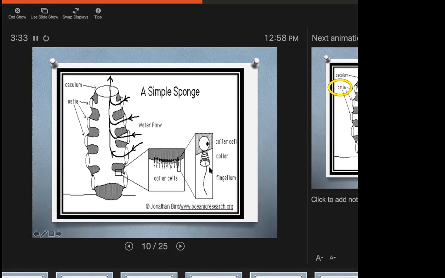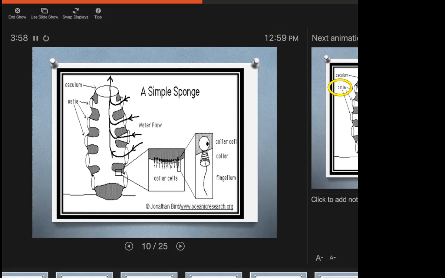You've got the collar, and then you've got this little whip that comes out of the top called the flagellum. Now, what happens is that flagellum beats back and forth in a coordinated way and pulls water into the sponge. As the water flows over these cells, any food particles in the water can be sucked up into the cell and digested.